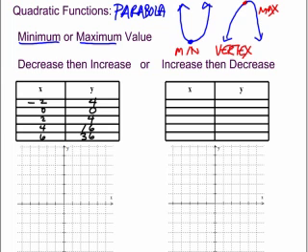Here is a set of data for our parabola. I'm going to use a scale of 6 on the x-axis and a scale of 6 on the y-axis.